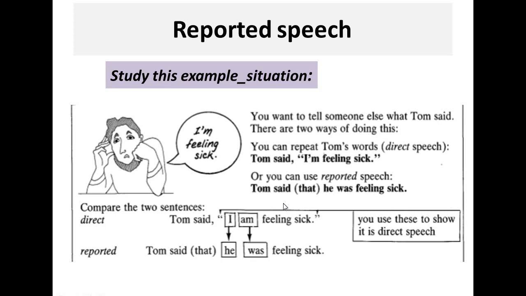Or you can use reported speech. Two ways: direct speech or reported speech. Tom said that he was feeling sick. We say Tom said that he was feeling sick. So here we have changes in tense and in pronouns.